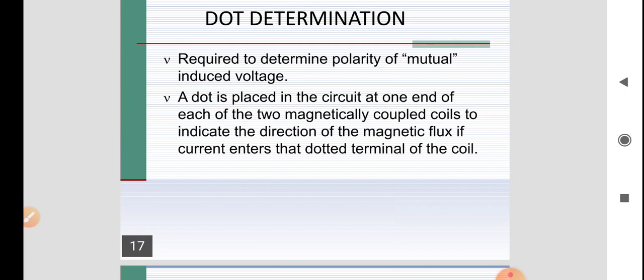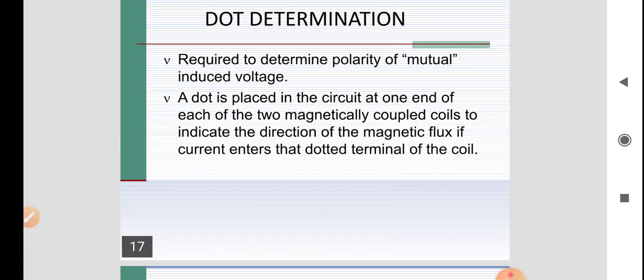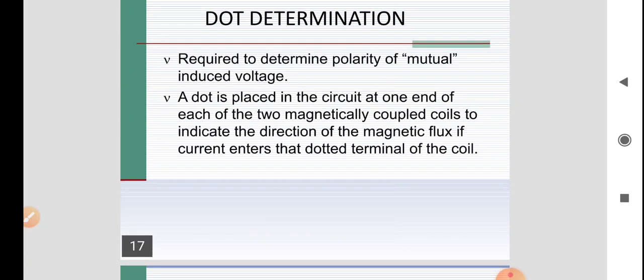Mutual itself indicates this circuit should have two inductances. For one inductance the number of turns is N1 and the inductance is L1. Similarly for the second the inductance is L2 and the number of turns is N2. Whenever current is applied to the first terminal, it induces self inductance as well as mutual inductance in the opposite coil.